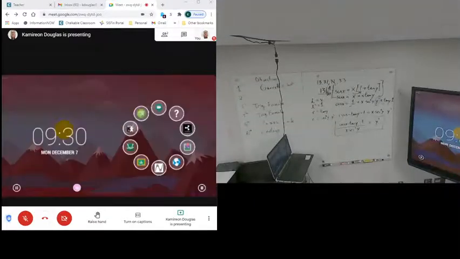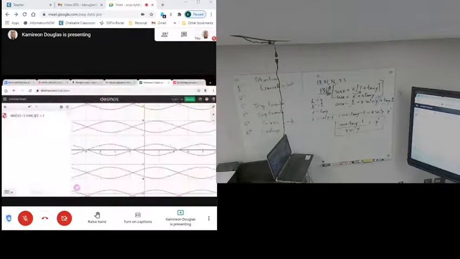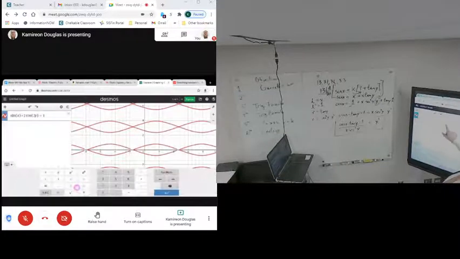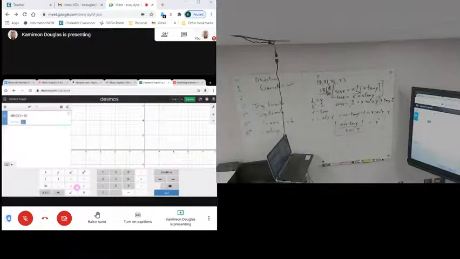Let's go back to Desmos. Okay. Our original function was sine of x is equal to, any guesses? I mean, from last week, we had weird circular shapes. We had the helixes.